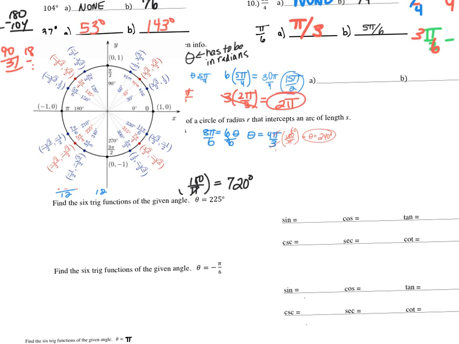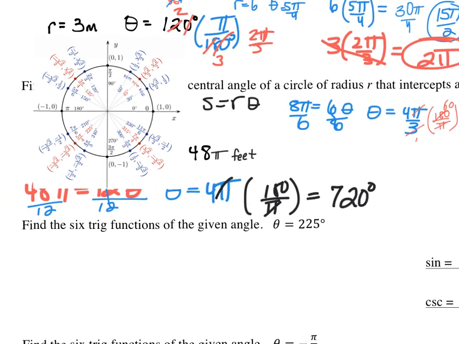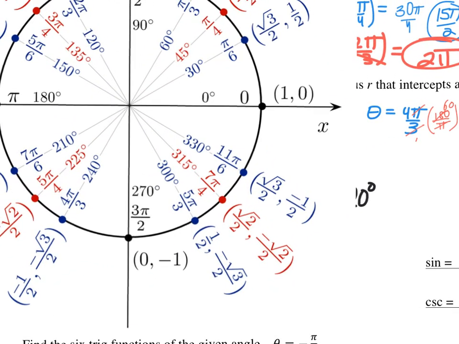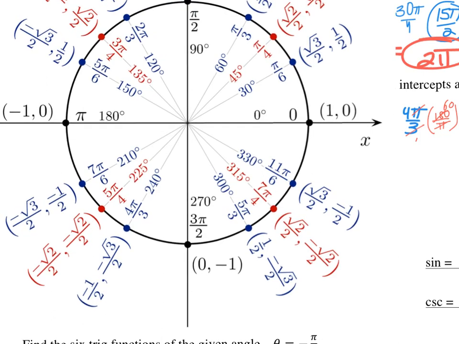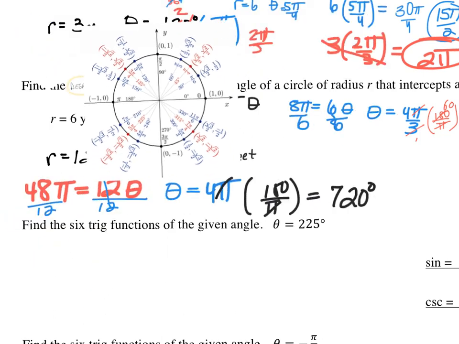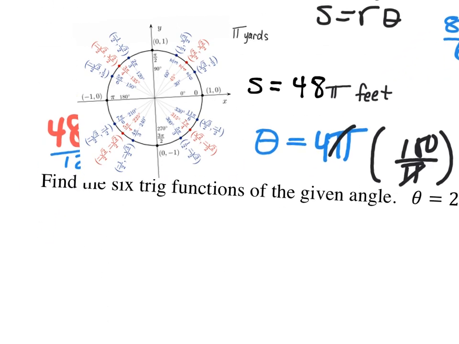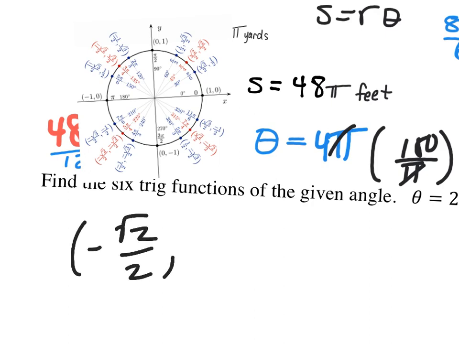First thing it tells me is I want to find all 6 trig functions at what angle? 225. So on my lovely unit circle, 225 is, what's the ordered pair? My ordered pair is negative root 2 over 2, comma, negative root 2 over 2.